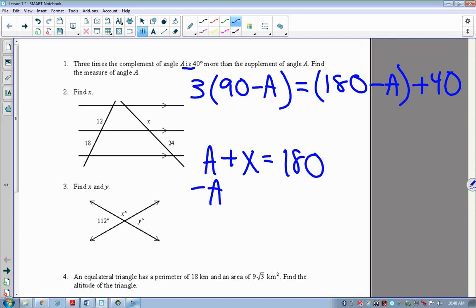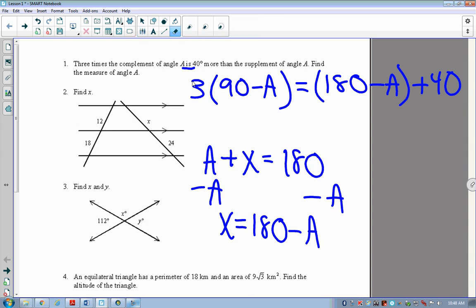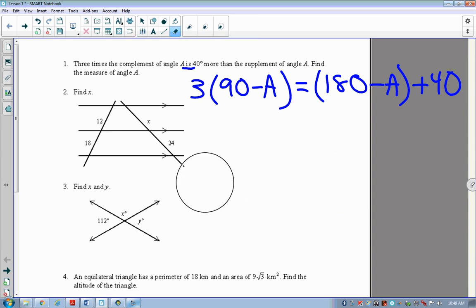Subtract A, so X equals 180 minus A. But instead of putting X there, the supplement of angle A equals 180 minus A, the same way the complement of angle A is 90 minus A. Does that make a little bit more sense? If you were struggling with it before, do you understand it better now? Got it? Okay. So I'm going to erase that just so it's out of our way.